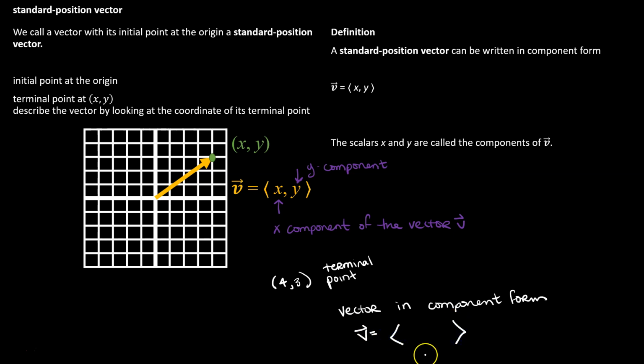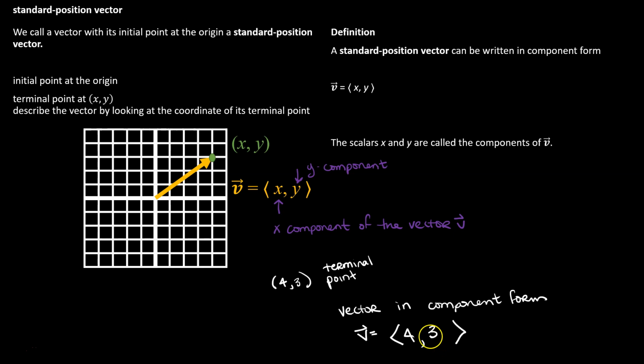So I use pointy brackets, not round parentheses, and I would put the same x value as the coordinate of the terminal point, and then I would put the same y value as the coordinate from the terminal point. And that would be our standard position vector in component form.